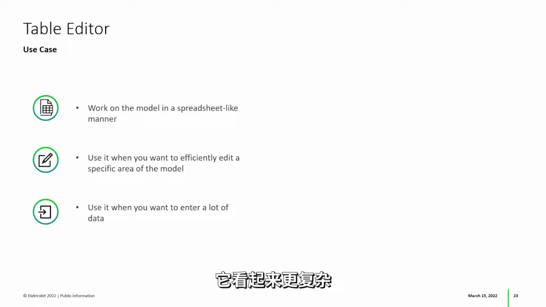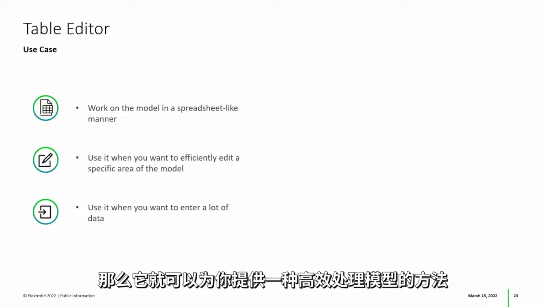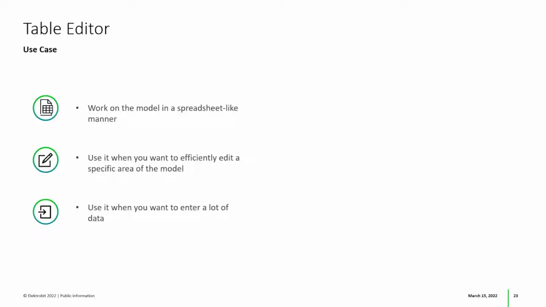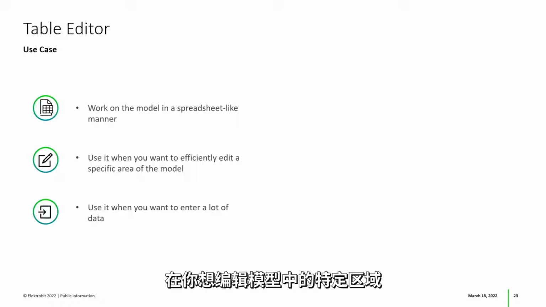It looks more complex, and it is more complex, to be honest, but it gives you really an efficient way to work with the model if you have to enter a lot of data and you know exactly what to do. So you should use it when you want to edit a specific area of the model and you want to enter a lot of data into the model.